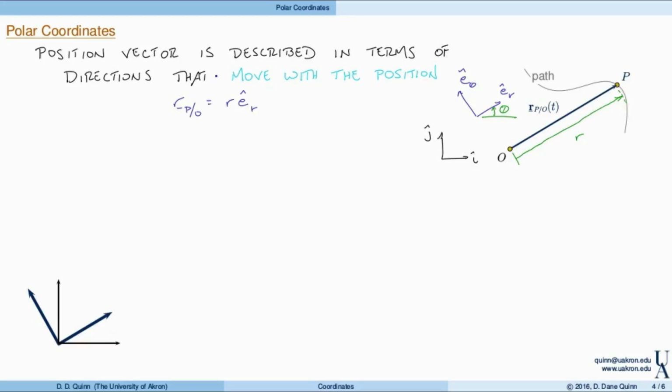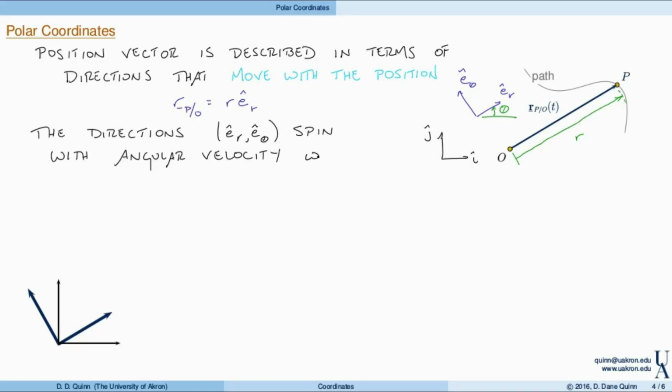So we need to understand, if we're going to look at the velocity and acceleration, how both the magnitude and the direction vary in time. Well, we've already dealt with that in a lecture on vector derivatives. So here, the directions ER and E theta spin with respect to I and j with angular velocity that is given to us and measured in terms of theta dot.